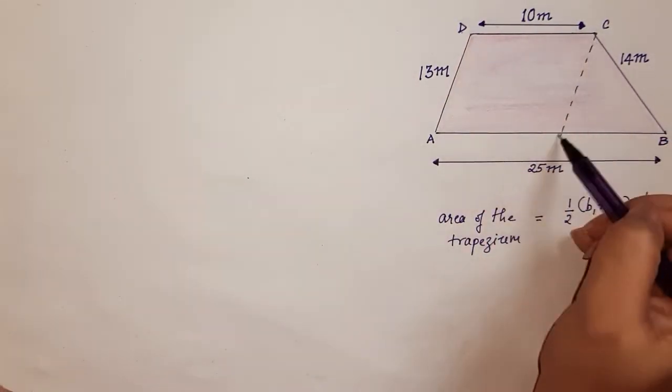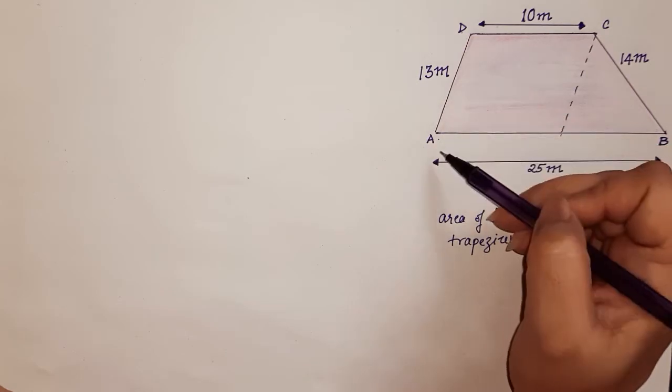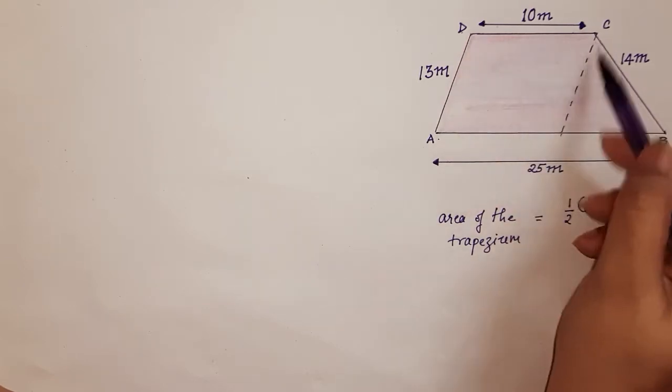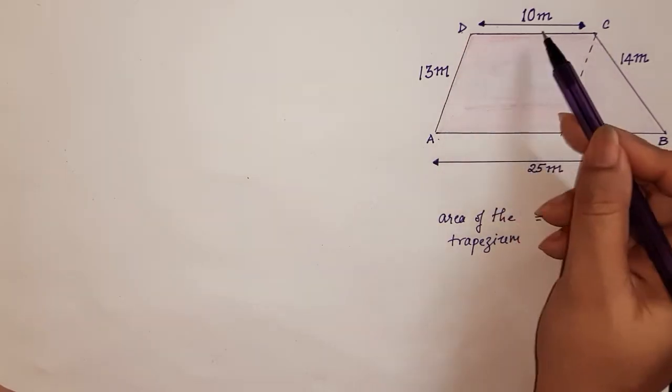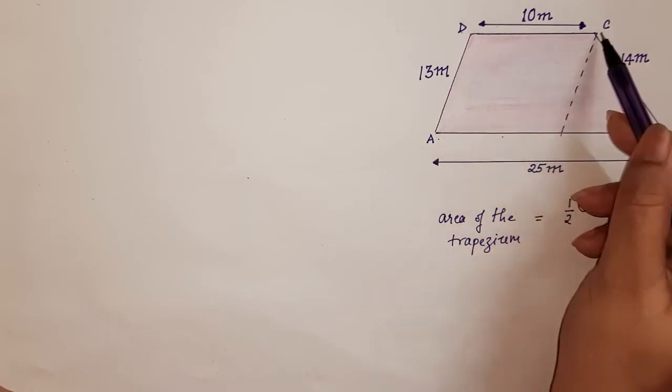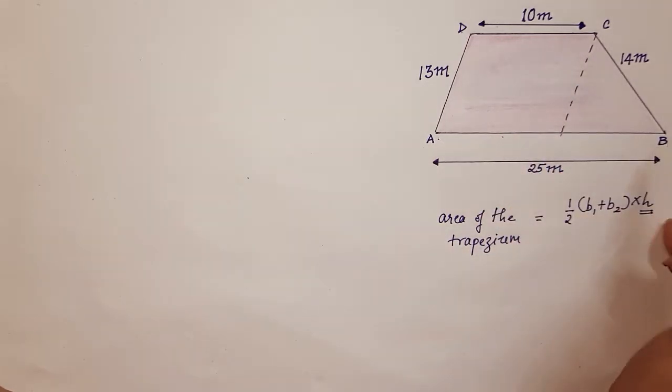Therefore, we get a parallelogram. Why do we get a parallelogram? Because if in a quadrilateral a pair of opposite sides are parallel, DC was already parallel to AB.